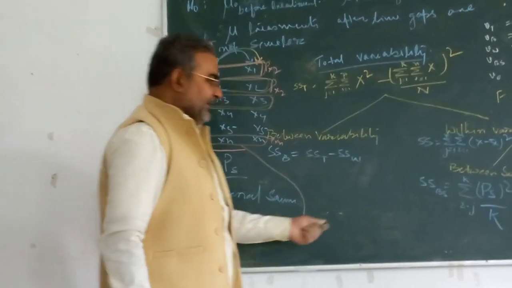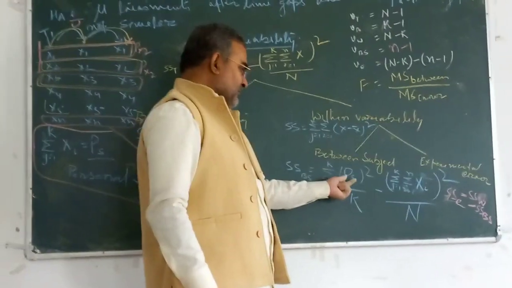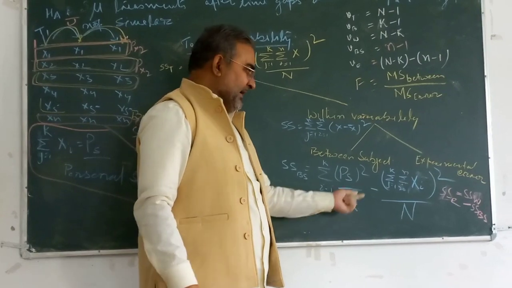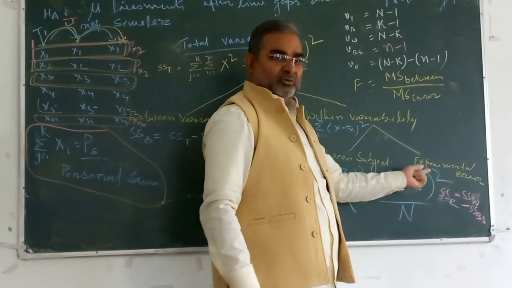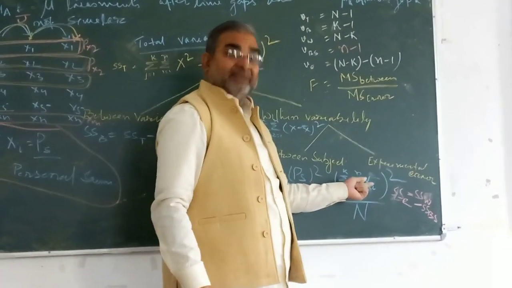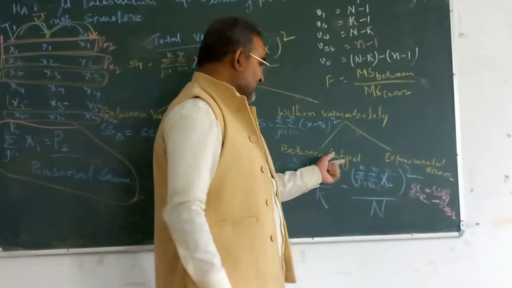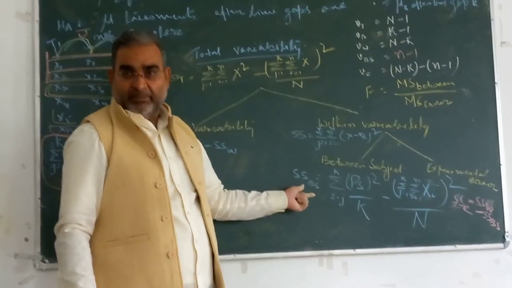And in this condition, the square of the personal summation is divided by K, and minus the total x square value divided by the N. It represents the between subject sum square.